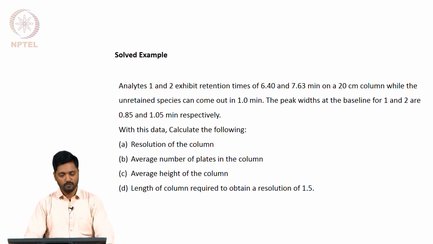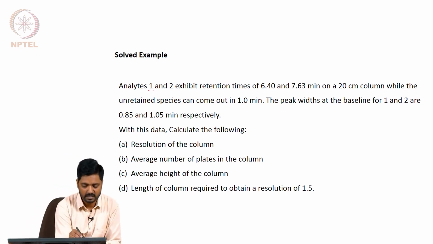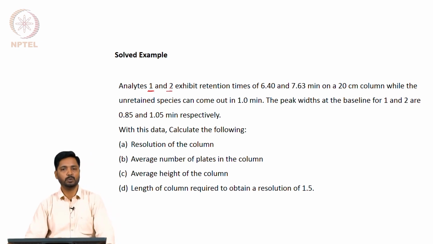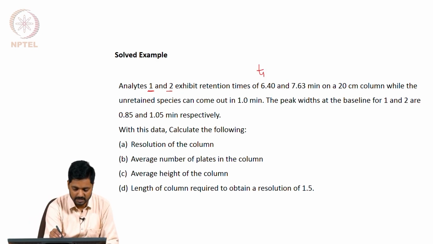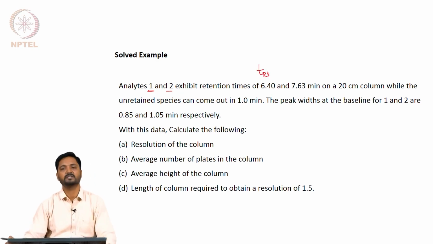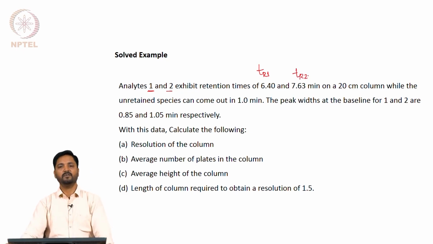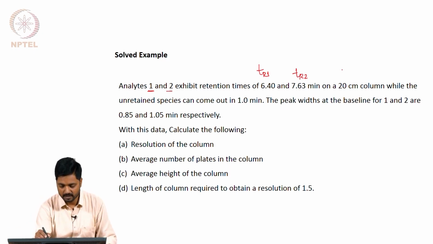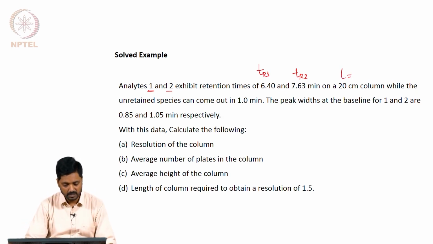Here we are talking about separation of two analytes, analyte 1 and analyte 2, that have retention times Tr1 as 6.40 and Tr2 as 7.63 minutes, and the column length L is equal to 20 centimeters.